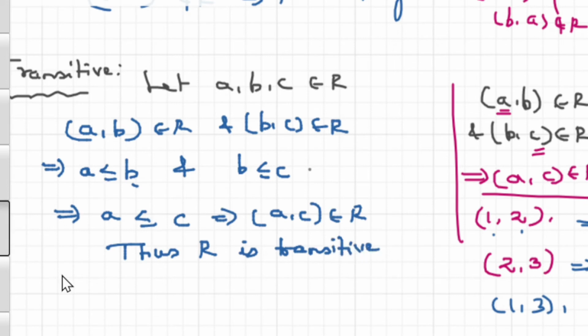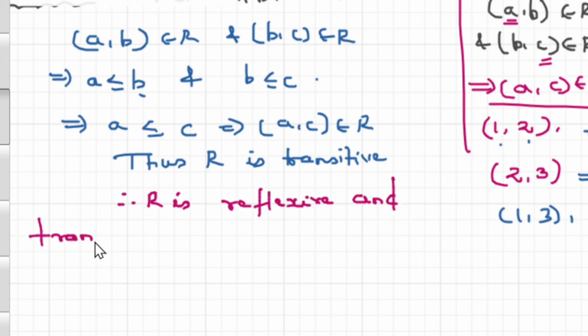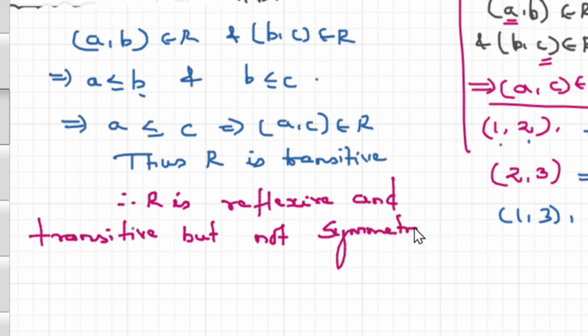So R is reflexive and transitive but not symmetric. We proved this one.